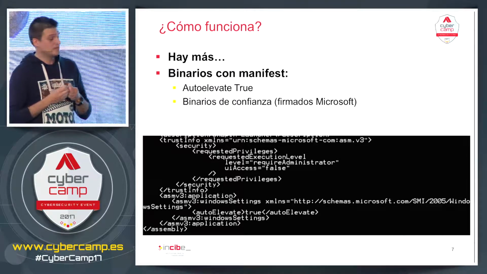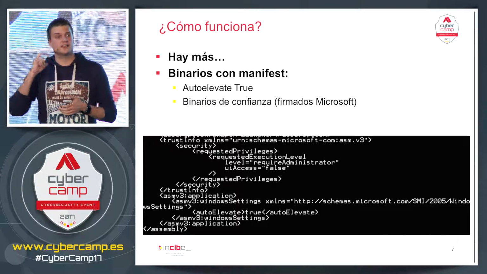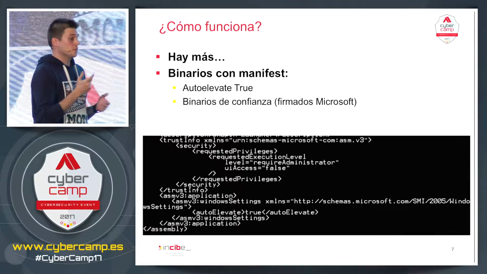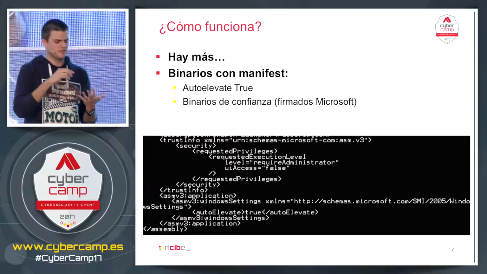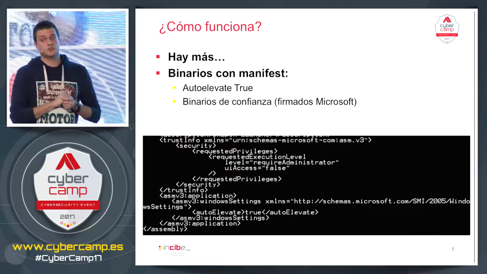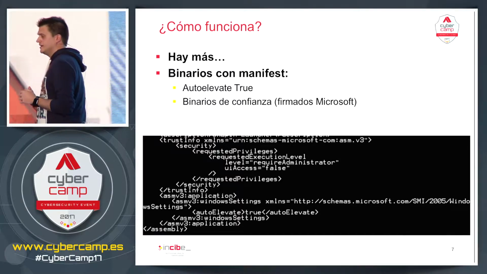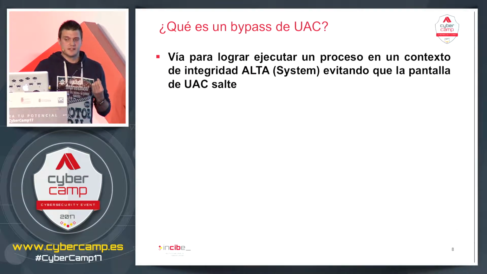So if you belong to the administrators group and run one of these binaries, the UAC doesn't show up, because it's a Windows binary. It's been signed by Microsoft and has this autoElevate true element, so we trust that the binary is not going to do anything bad.